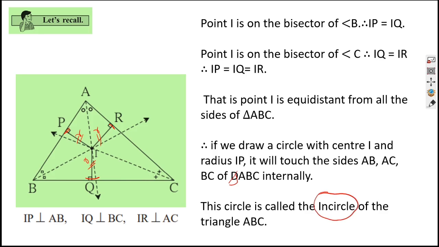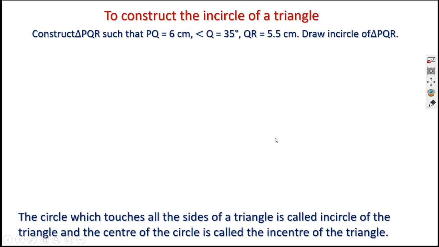Itna hi hai, theoretically, and the knowledge is from previous years. But what is new here? You have to do it. You have to draw a circle which touches the sides of a triangle, which is called incircle. For that you have to make the triangle and do it in the exam.